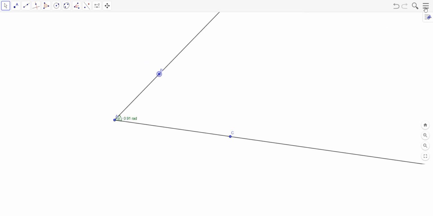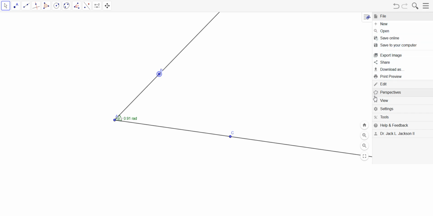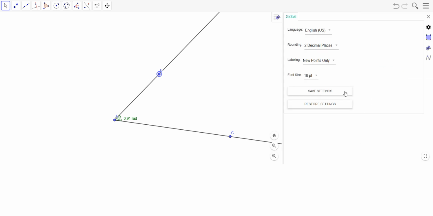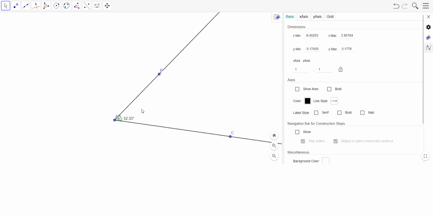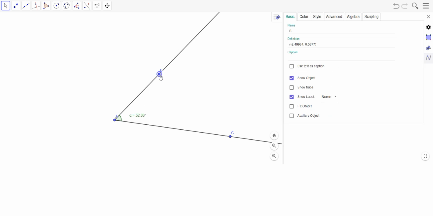Click on this three things here, go to settings, and go to this one that looks like a graph of a cubic equation. You can choose degrees. So there it is in degrees, 78.53 degrees. You can specify the number of decimal places.